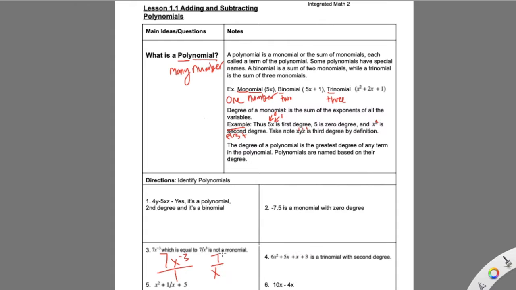So it is not a monomial, and they don't explain necessarily. The reason is we are not allowed to have an exponent in the denominator when we're talking about monomials. We're only looking at multiplication or single pieces. So like up here, it could have been 5, it could have been x, or it could be 5x because it's 5 times x.